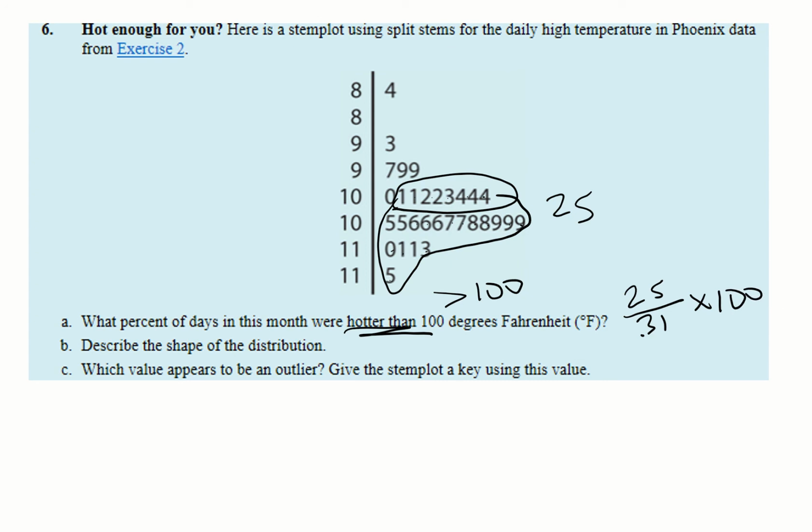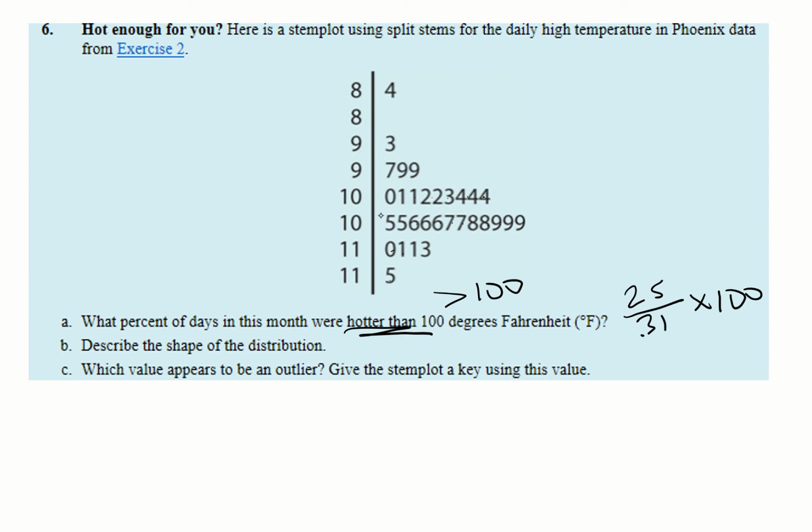If we describe the shape of the distribution, we can see that it looks to be skewed to the left, but not by much. If you look at the 84, and if you were to not even include the 84, you could say that it's symmetric.